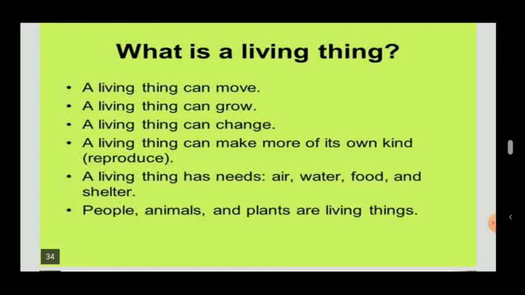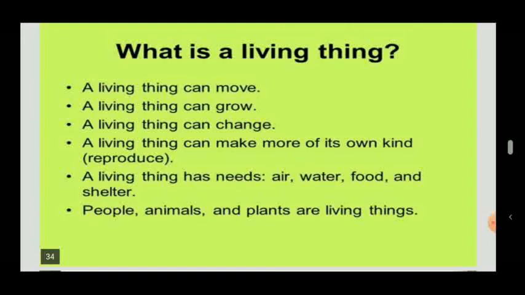Like first, a baby lion is a baby, but after 4 or 5 years the lion becomes the king of the jungle. A living thing can make more of its own kind, like reproduce. A hen lays eggs.